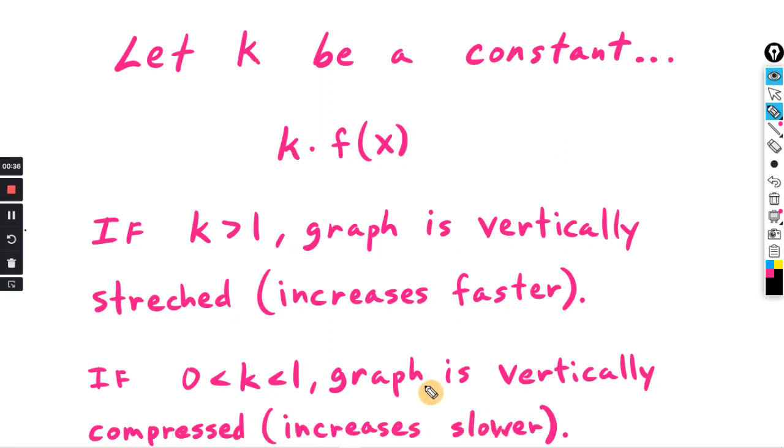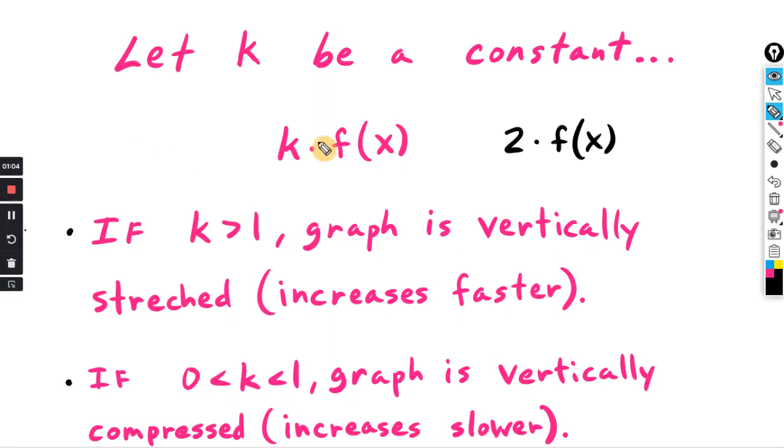I don't think on any of these we'll be multiplying by -k, so I just use these two examples. But just as an example, if k were 2 and you did 2 times f of x, multiplying the y values by 2 will make the function increase twice as fast.